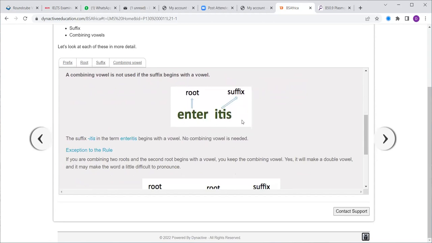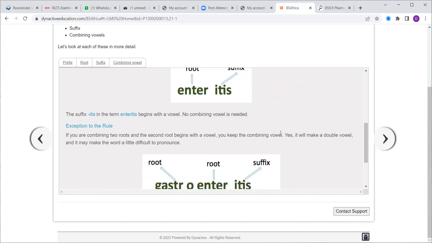Enteritis. Enter means kidney. Oh, okay. Itis means inflammation. So enteritis simply means inflammation of the kidney.